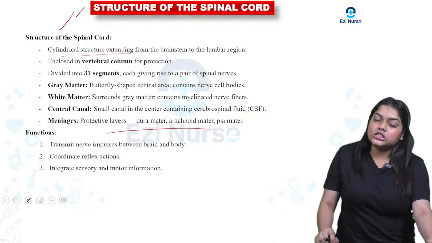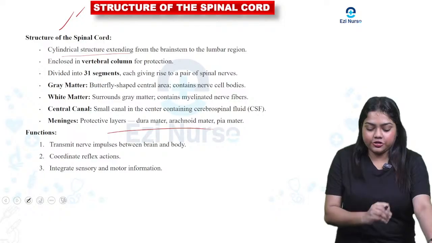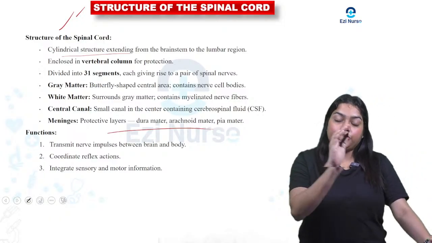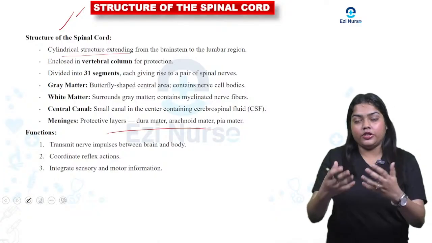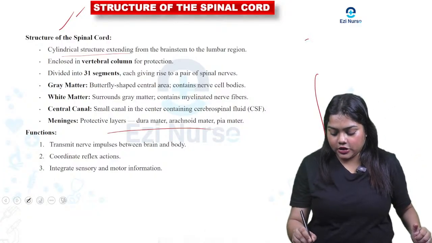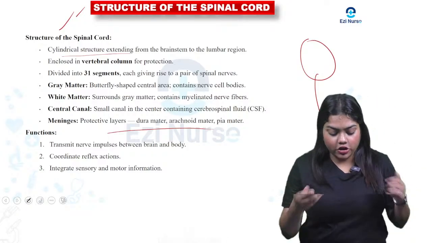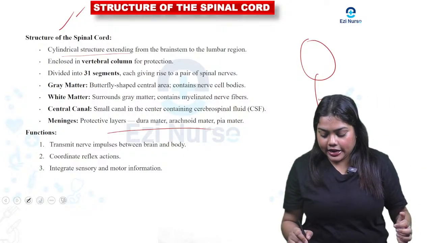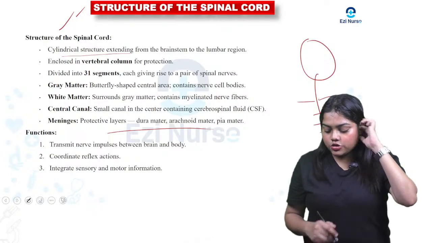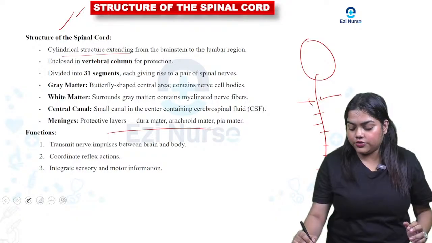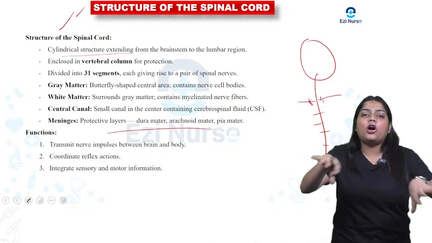Now what are the functions of the spinal cord? The main function is that it transmits nerve impulses between the brain and the body. So how will it be done? See, this is just a gross structure of the spinal cord, and as we have learned, it has 31 sections, and each section has 2 nerves, one on each side, and that will connect our whole body.